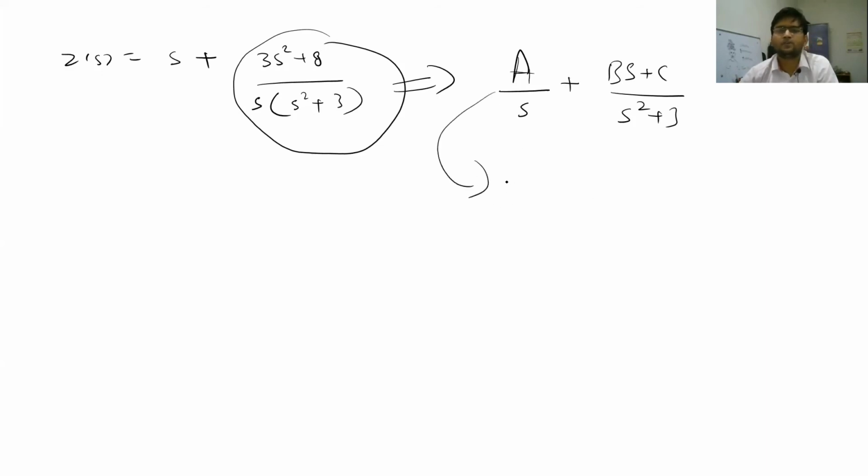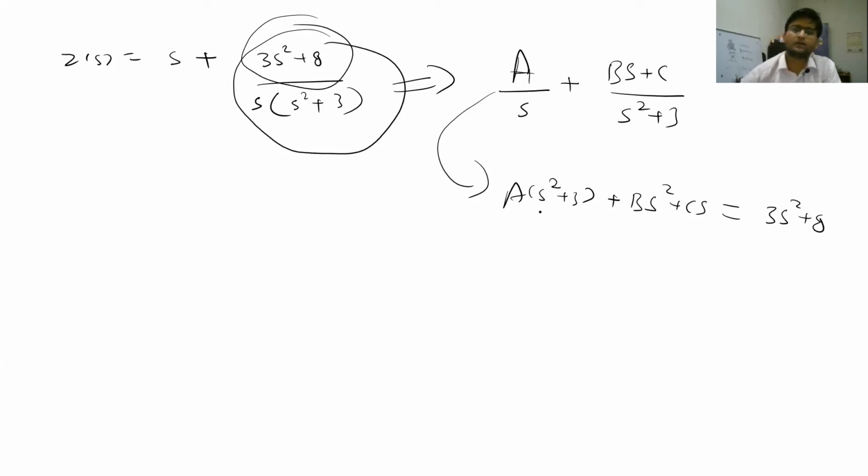Solving this, you will get A(s square plus 3) plus (B s square plus Cs), and you have to equate it to the numerator of this part, which is 3s square plus 8. So you will get s square (A plus B) plus 3A plus Cs is equal to 3s square plus 8.